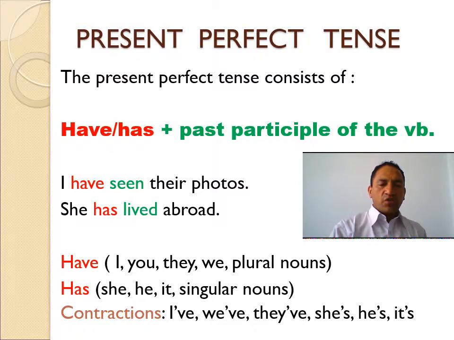And we are going to use has for she, he, it as the singular pronouns. And obviously we have to know that we are going to use the contractions for all of these personal pronouns: I've, we've, they've, she's, he's, and it's.